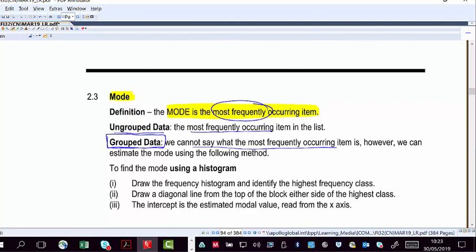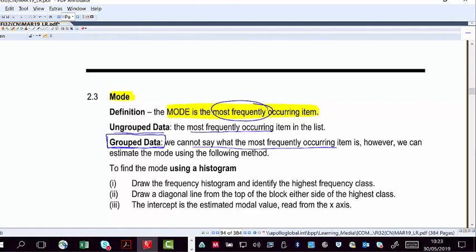But we don't know within there what actual mileage those 10 drivers covered. Some of them could have covered, say, 200, somebody could have covered 1,900. We don't know because the detailed information is now lost within that band. It is a band of less than 2,000 miles. So therefore we are unable to say what the most frequently occurring item is from grouped data.